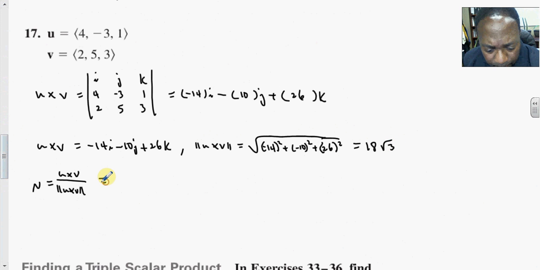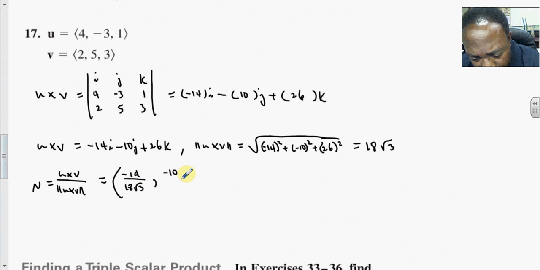So here we have -14 divided by 18 square root of 3, comma, the -10 all over 18 square root of 3, comma, the 26 over 18 square root of 3.